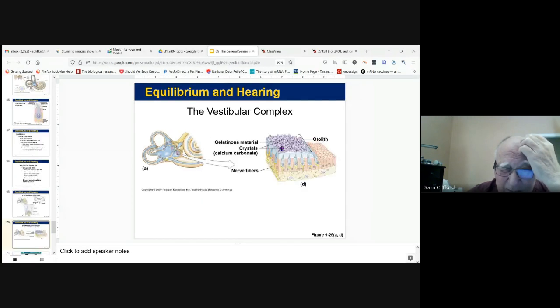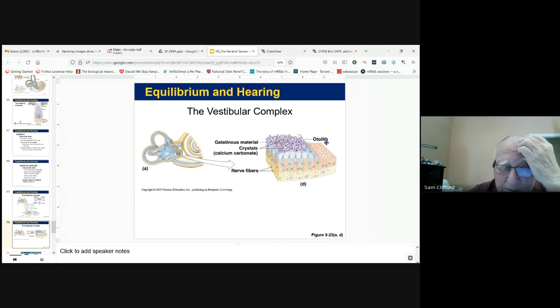And if we keep looking, we have these little stones called otoliths. As we move our head, they move in particular directions. And these calcium carbonate otoliths will tell us the position of our head and also movement.